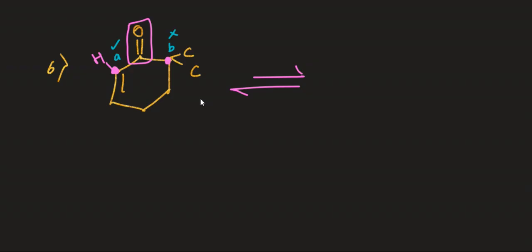Suppose A is eligible, then what will be the resultant product? What is the shortcut trick? The double bond O gets converted to OH, and the alpha position will get one double bond. The remaining will be as it is.